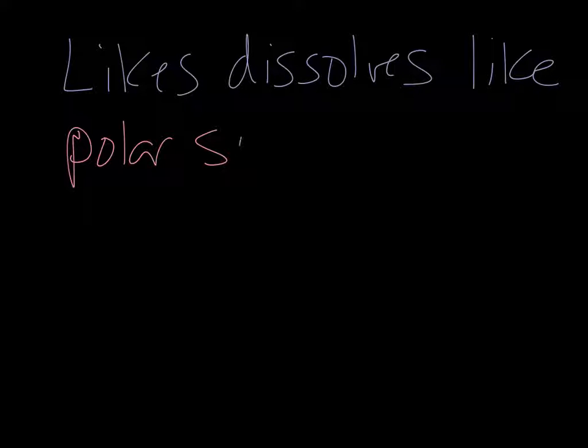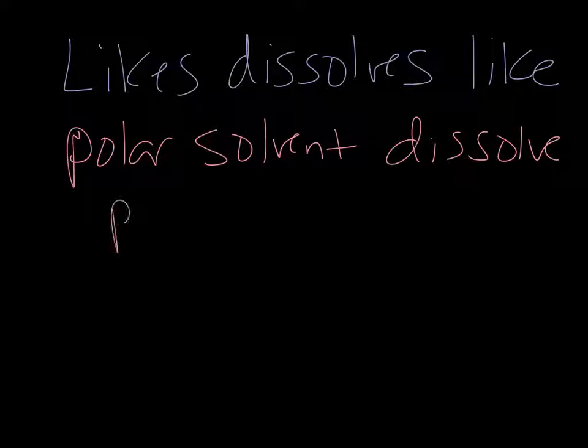So when we think about a solution, in order to make a homogeneous mixture, the solute has to go into solution. It has to be soluble. So we can use the rule like dissolves like to predict whether a solution will form or not. But generally speaking, a polar solvent will dissolve a polar solute.